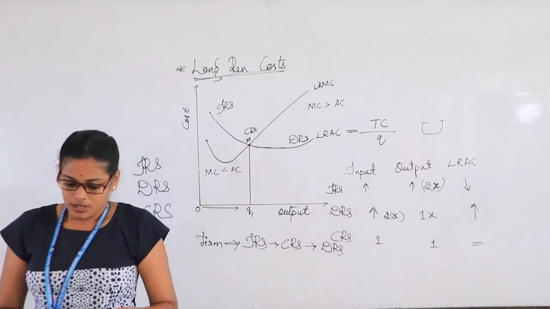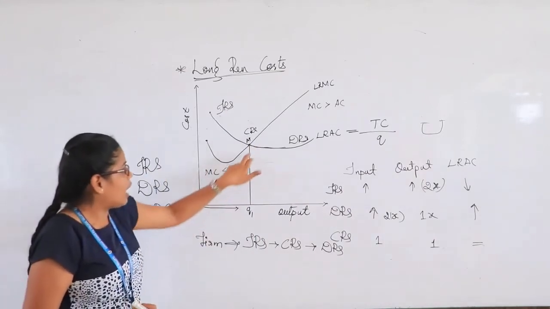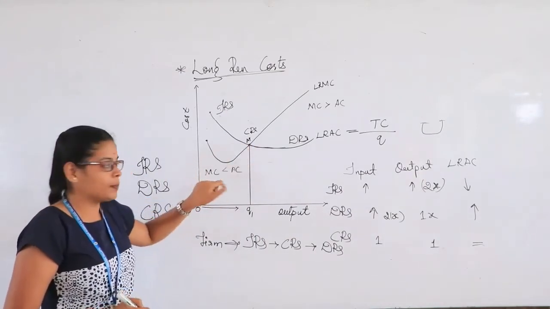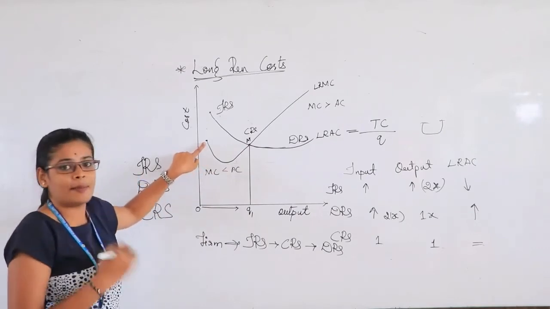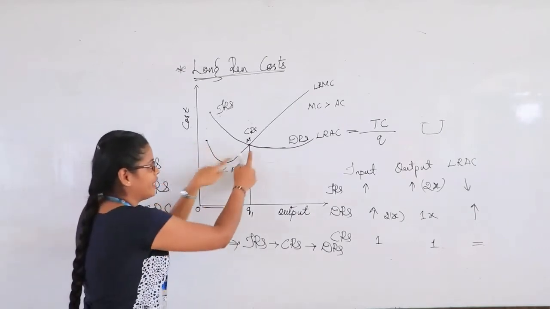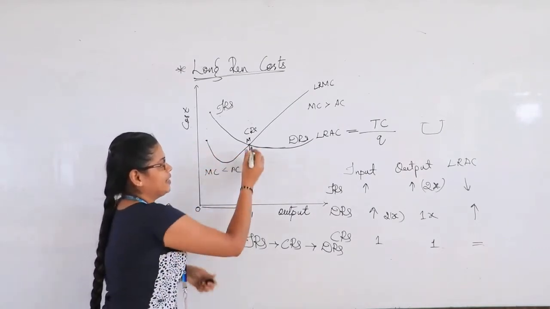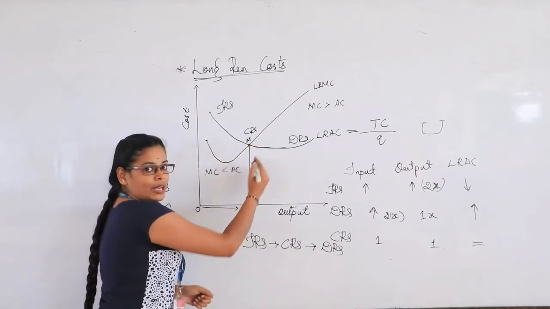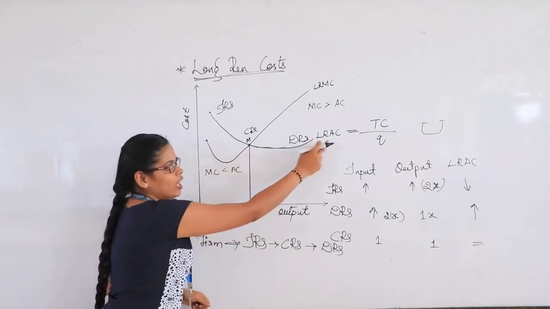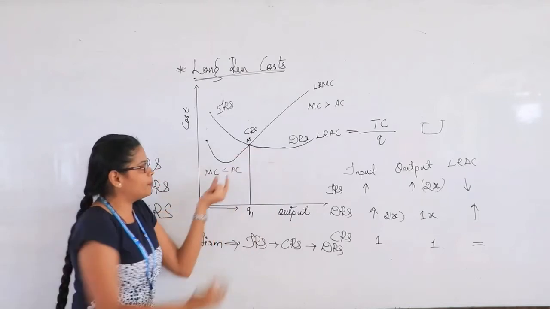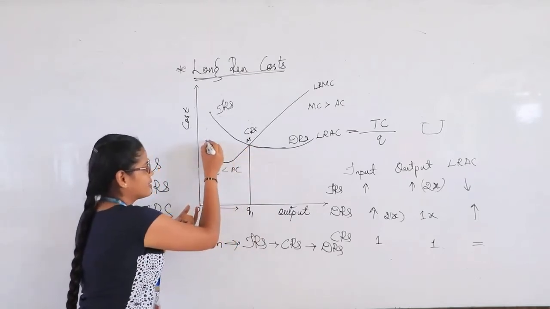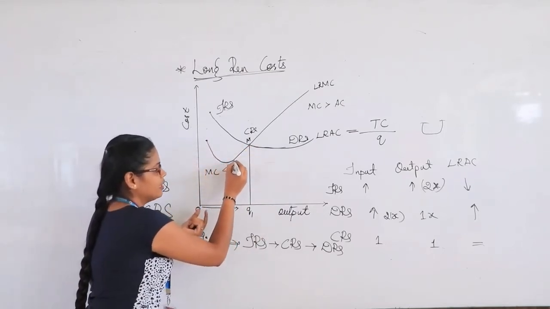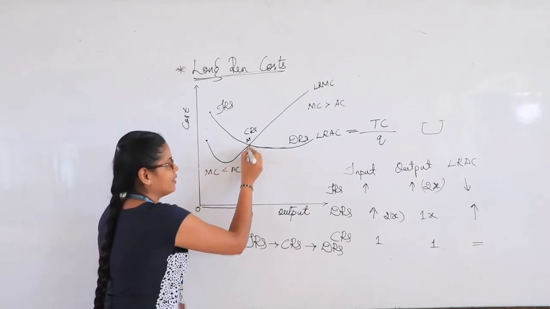Okay. So how did we get this M point? You can see that the marginal cost curve is intersecting here from below. It cuts the average cost from below, right? This curve is coming from here and it cuts here, right?